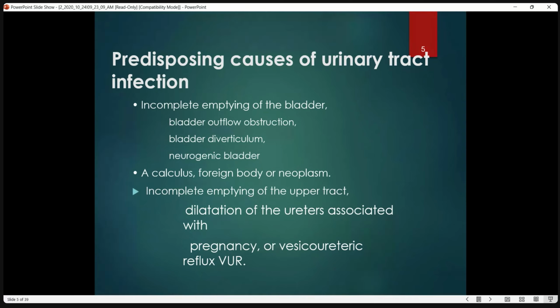So then we have pregnancy associated obstructions, and also dilation problems, so that some people cannot really fully have their urethra dilate as it's required to.